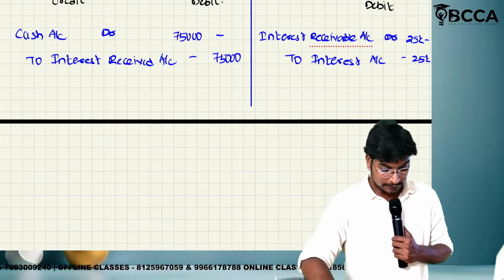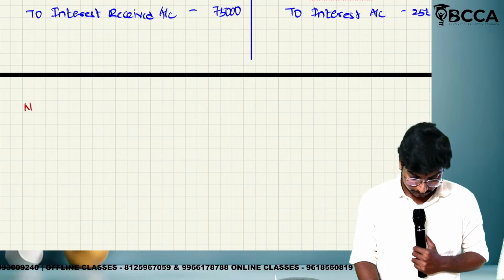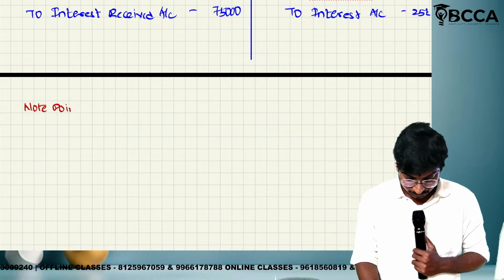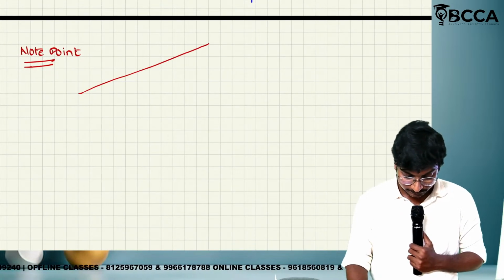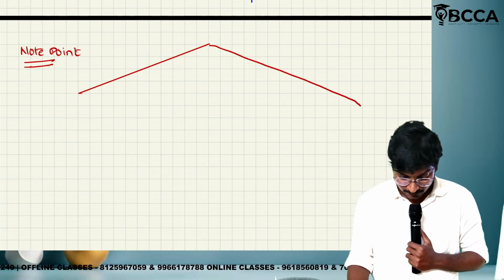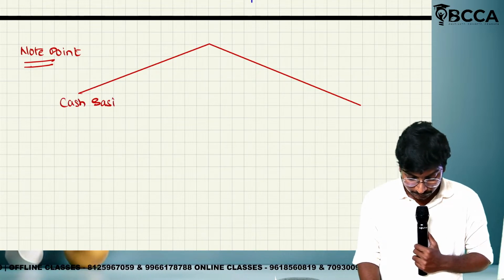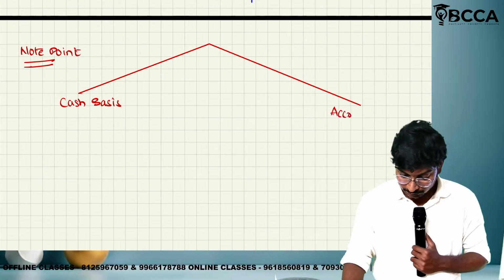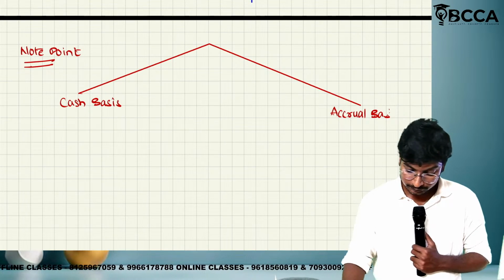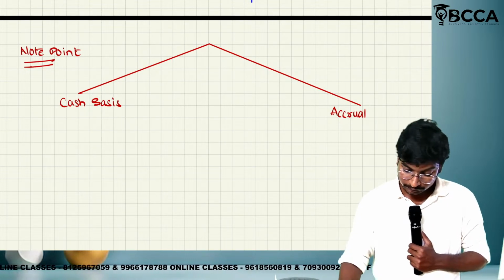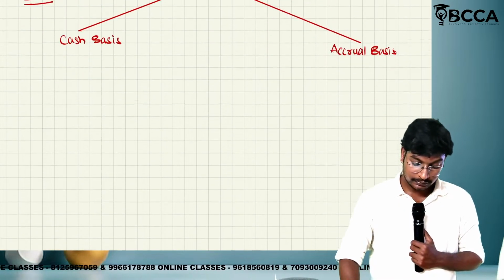So what is the note point we have to write? What are the two bases? Cash basis and accrual basis.